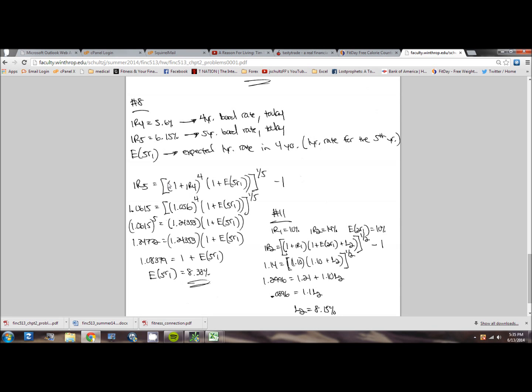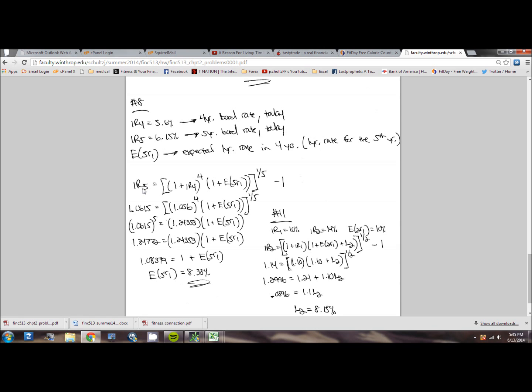The unbiased expectations theory basically reminds us that whether you're buying a 5-year bond today or you buy 5 consecutive 1-year bonds, your overall return should be the same. Your overall return should not be any different.